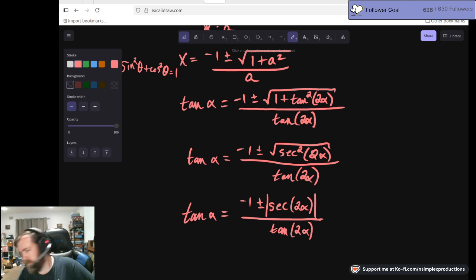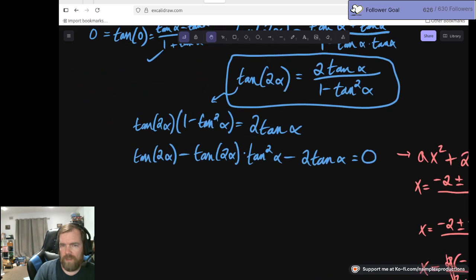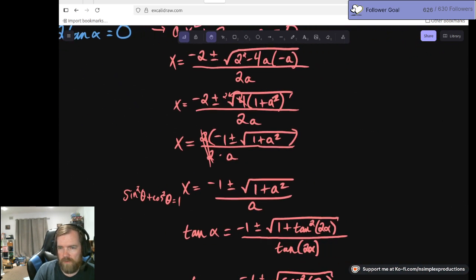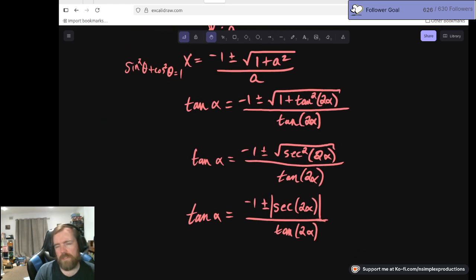What does this say? Tangent of... Wait. What was I doing? Let's just double check. Okay, we wanted to know what the half angle identity is going to be. So I was trying to take this in the direction that all of our 2 alphas could become theta, and then our angle on the outside, alpha, could become theta over 2.